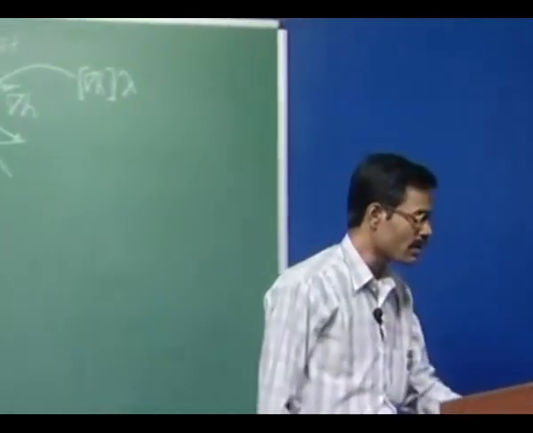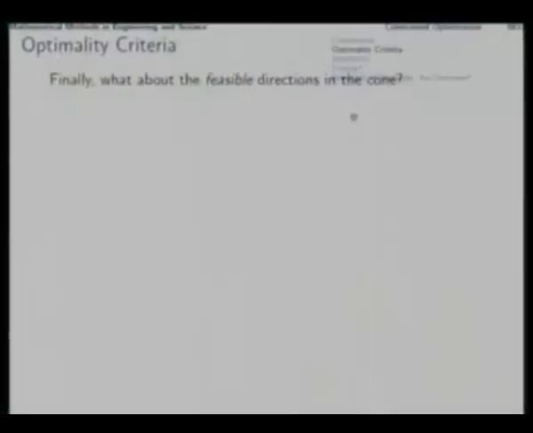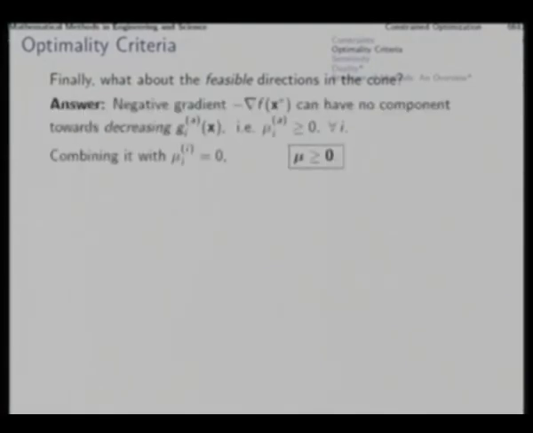This is what we get when we consider the feasible directions in the cone described by the active inequality constraints. So negative gradient can have no component towards decreasing g. That means mu's should be all non-negative. So corresponding to active constraints, mu should be non-negative, and for the inactive constraints we already know that they are all 0. So together we can write this.